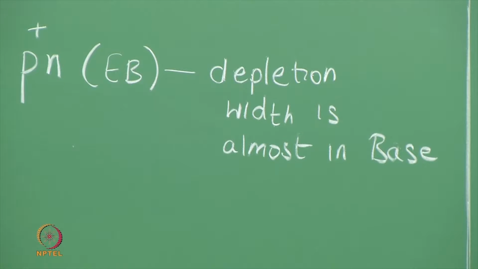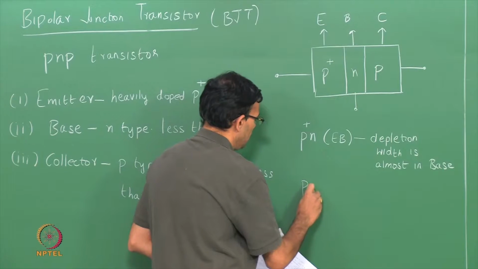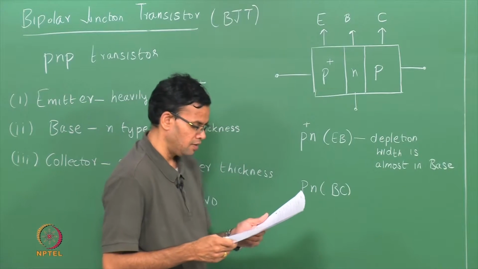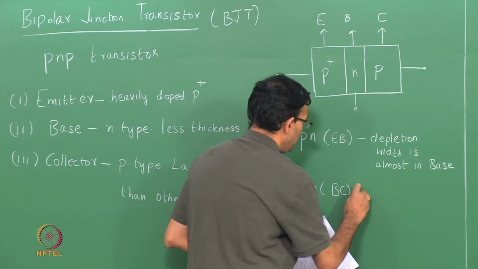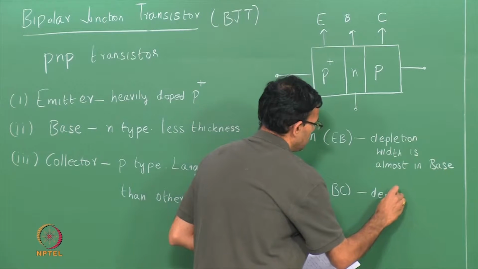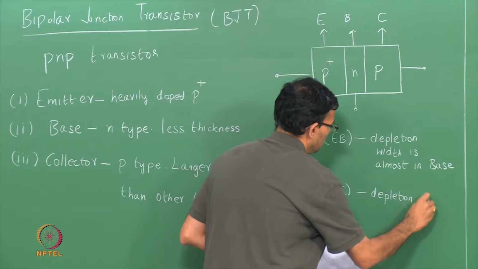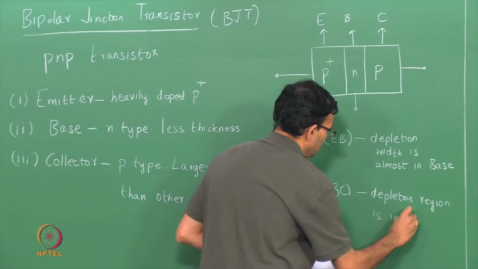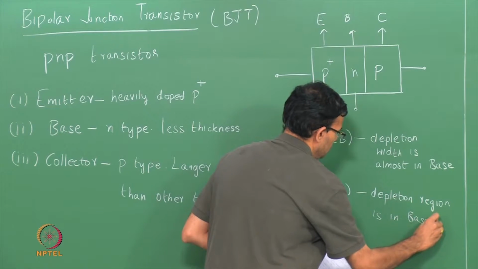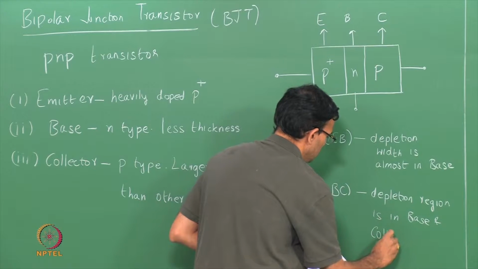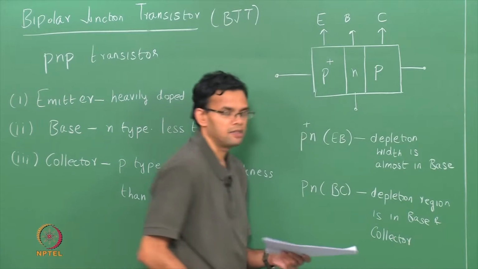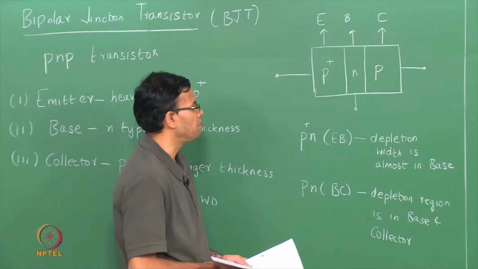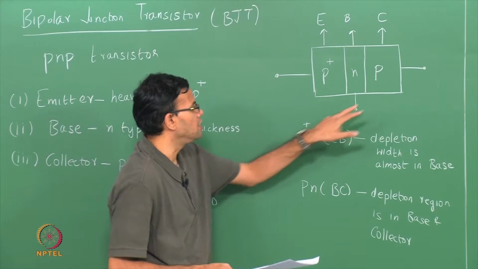You also have the junction between the base and the collector, which is a simple P and N. In this case, the depletion region is in both the base and the collector.